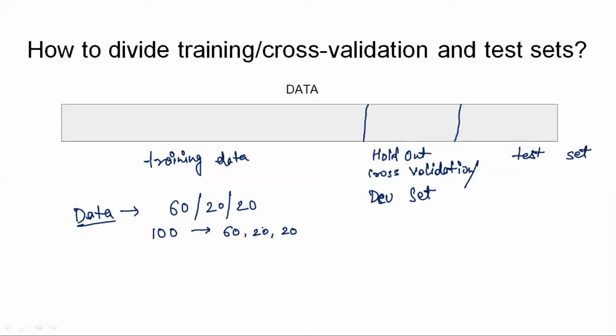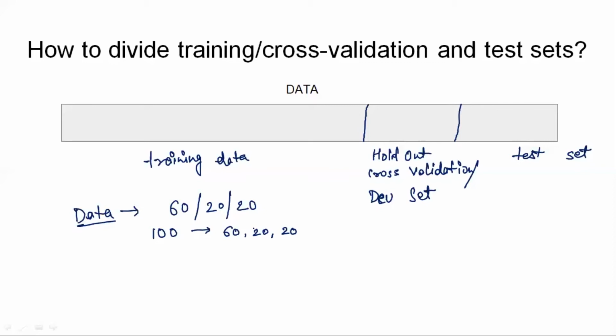The use of the cross validation data set is that suppose you have a series of learning algorithms, or you tune your parameters or make 3 to 4 models using the same training data. Okay, and now you want to test which model works the best out of all the 3 or 4 models you have trained on your training data.